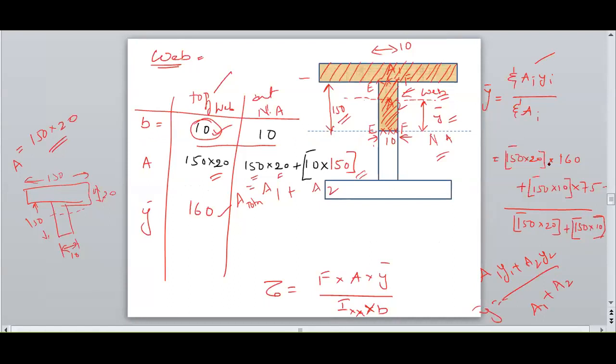So I am using the formula: 150 into 20 is A1, and the distance from the neutral axis, I need to consider this distance only, is 160. Next, I am considering the web, whose area A2 is 150 into 10, and the local centroid for the web is 150 by 2, which is 75.